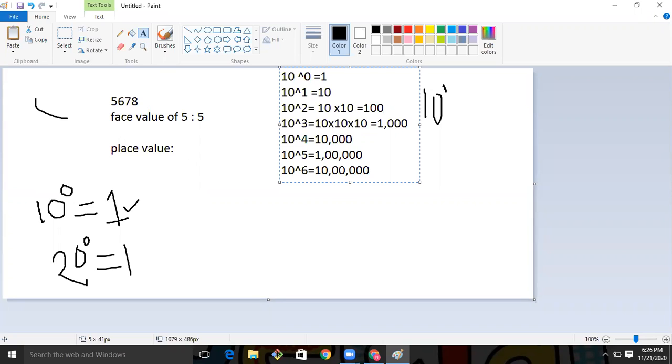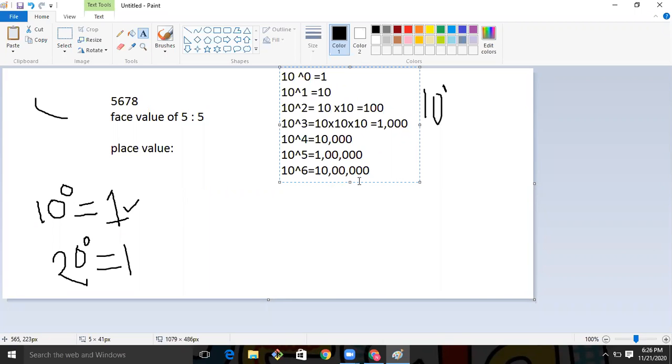Very good, excellent. Charan is also saying it is 10 lakhs. The value is 10 lakhs. Okay, so on we can observe the same thing in the same way. This is a very important table you have to learn, up to 10 to the power of 20.